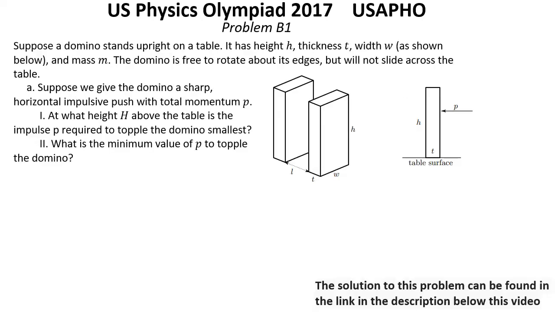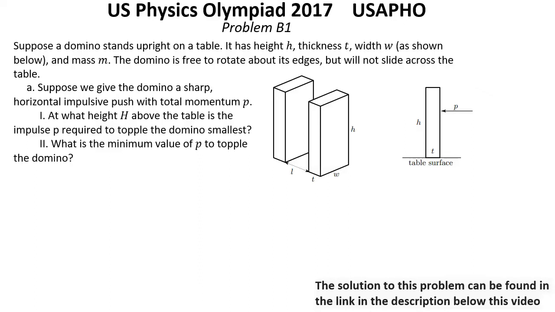Problem B1. Suppose a domino stands upright on a table. It has height h, thickness t, width w, as shown below, and mass m. The domino is free to rotate about its edges, but will not slide across the table.